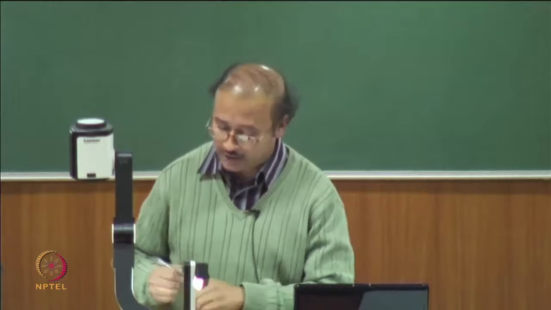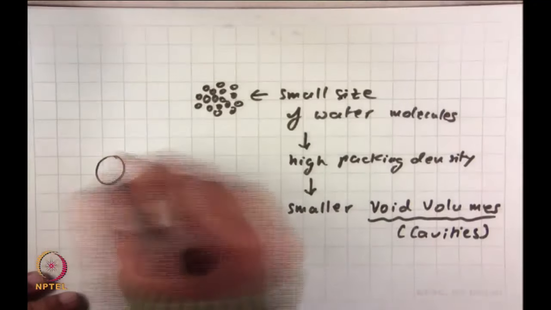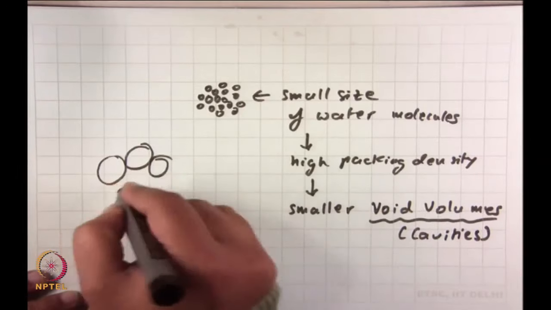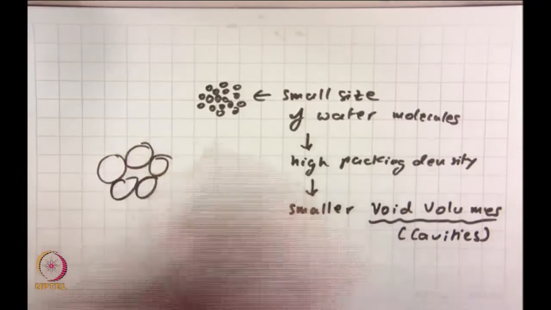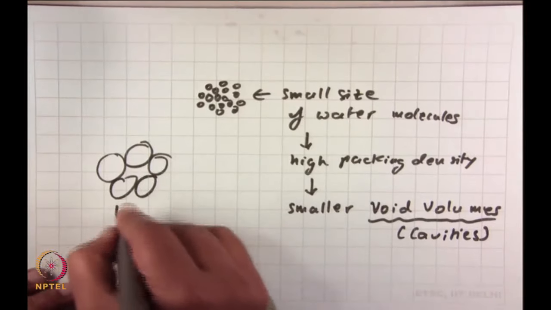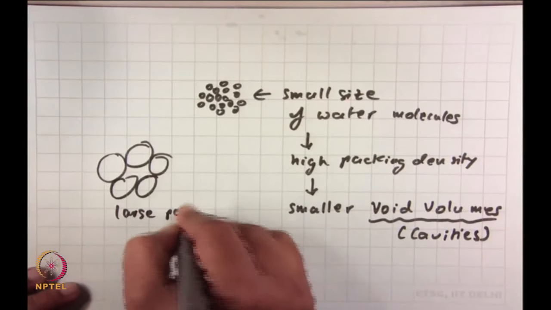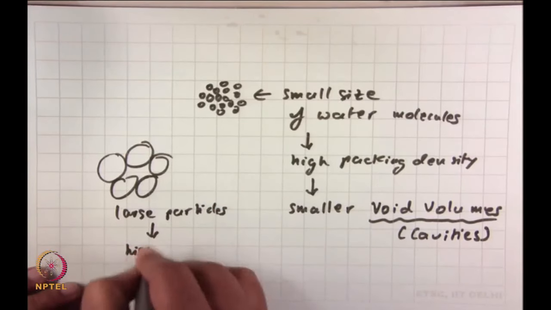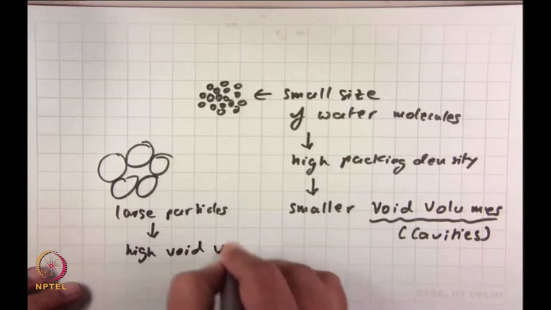If your particles are large, they would come close, but they would leave many huge voids. So, large particles give high void volumes.